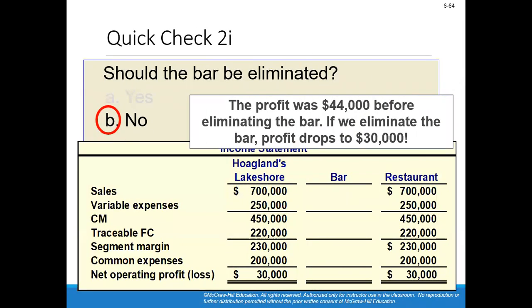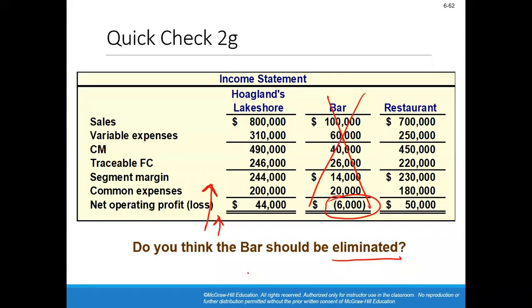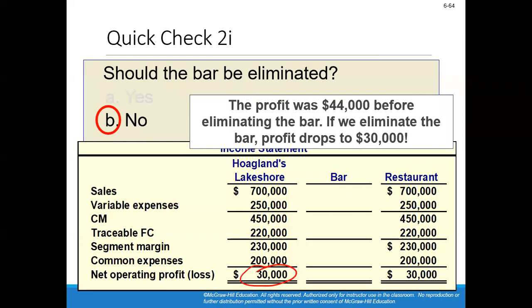But you see, in the earlier case, the net operating profit was how much? 44,000. After stopping the bar, what is happening? Has our profit become higher or lower?